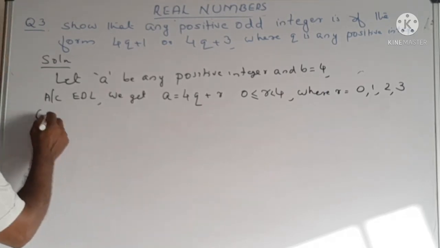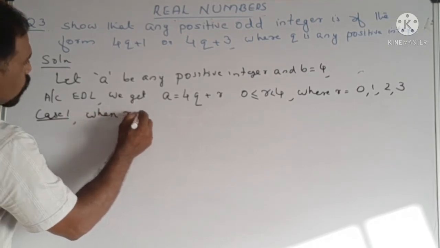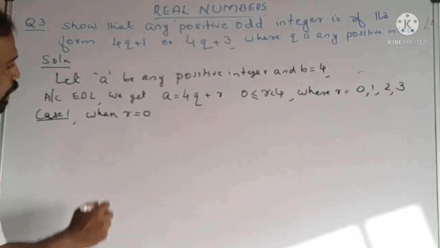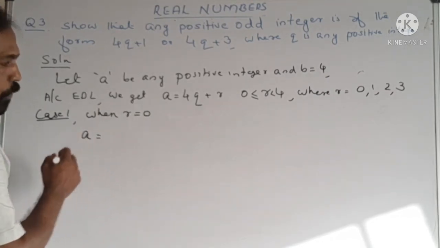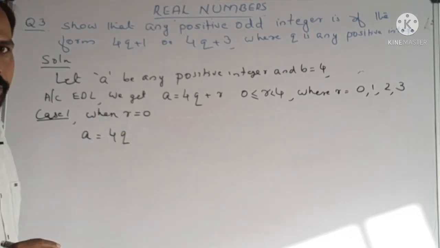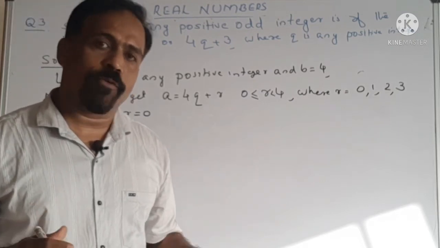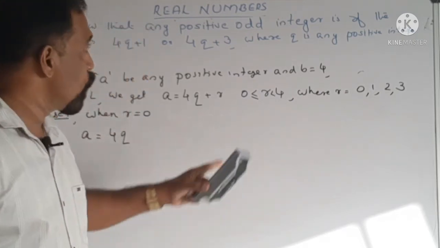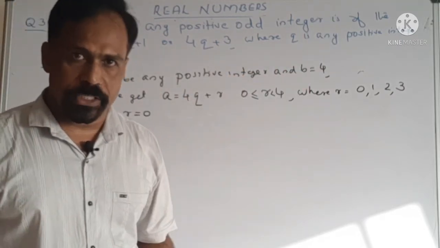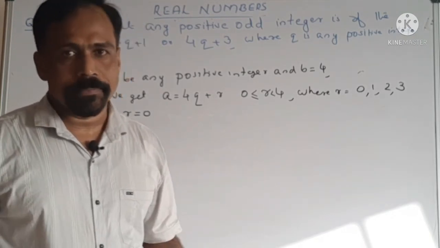So case 1, when r is equal to 0. In our equation a is equal to 4q plus r, we will get a is equal to 4q. You know that multiplication of any positive integer by 4 will always give an even number.